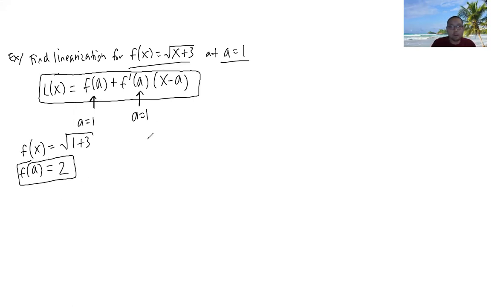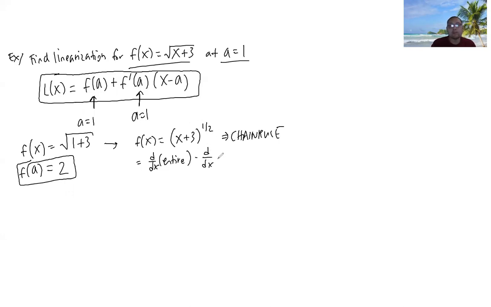Let's find the derivative of this thing. f of x is actually x plus 3 raised to the 1/2. Now the derivative of this is going to use the chain rule. That's going to be d dx of the entire thing multiplied by the derivative with respect to x of what's on the inside.